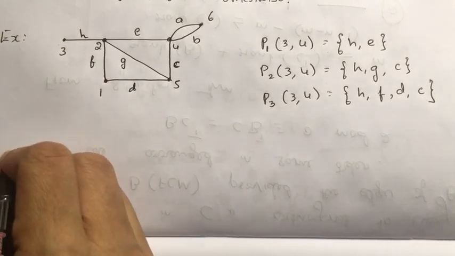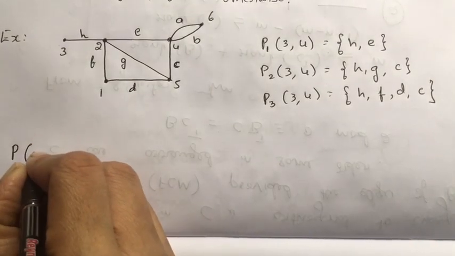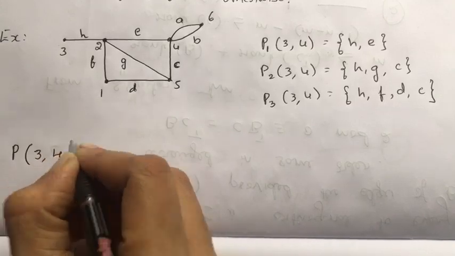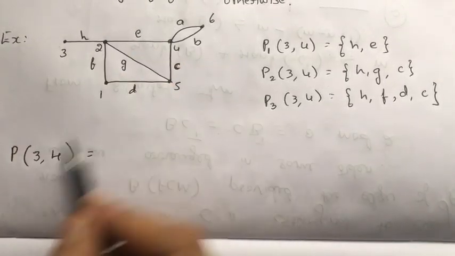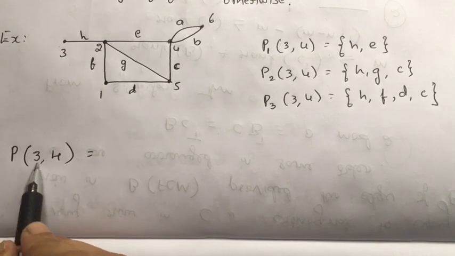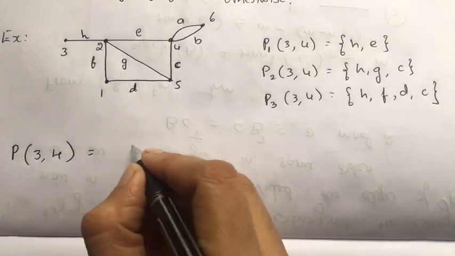So I'll write P of vertex 3 and 4, or you can write P of V3, V4.